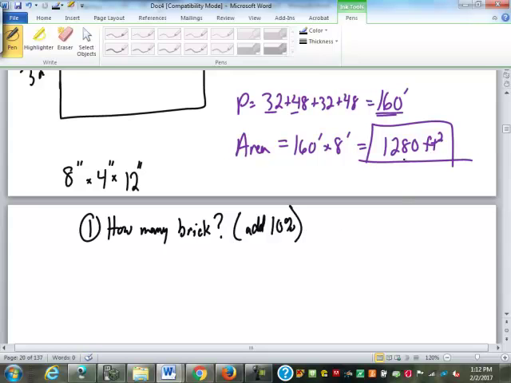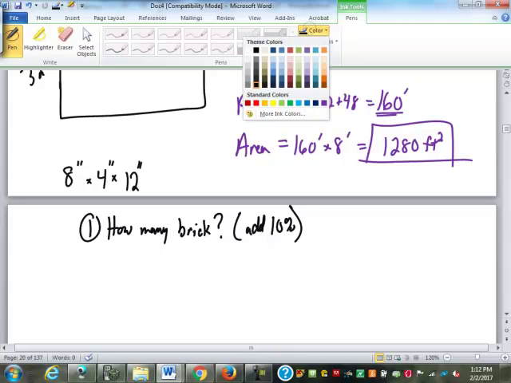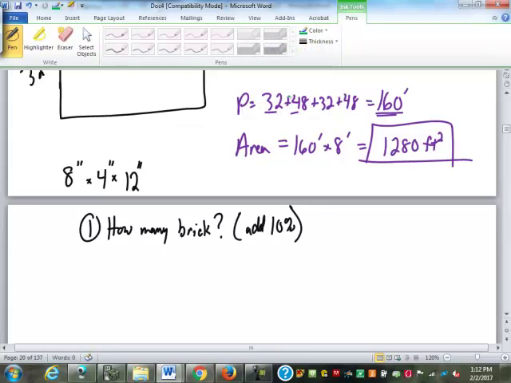So we have 1,280, right? If we look up the 8,412, what does it give us in the table? 300 brick for 100 square feet, right? So on page 92 is the bottom line on that table, the 8,412.